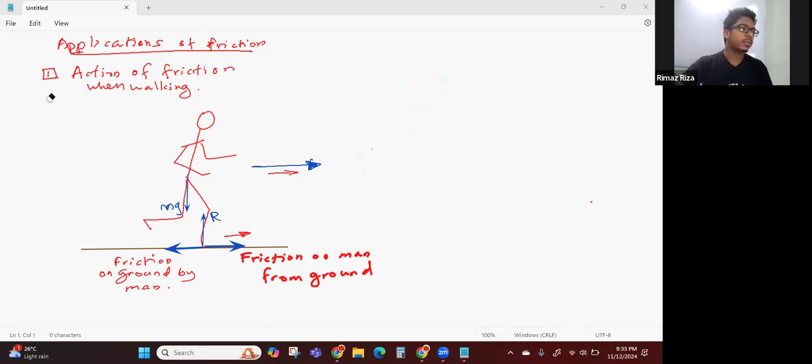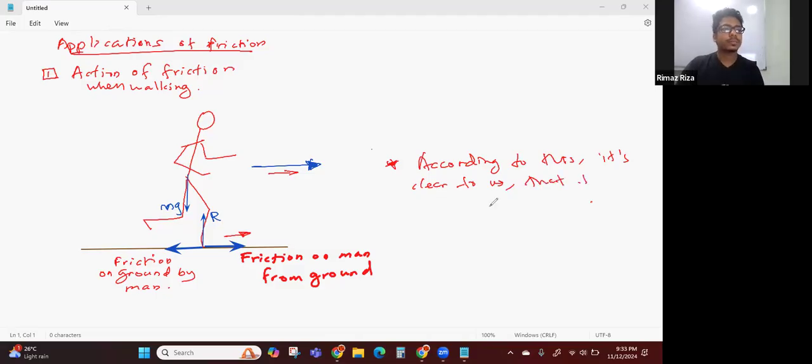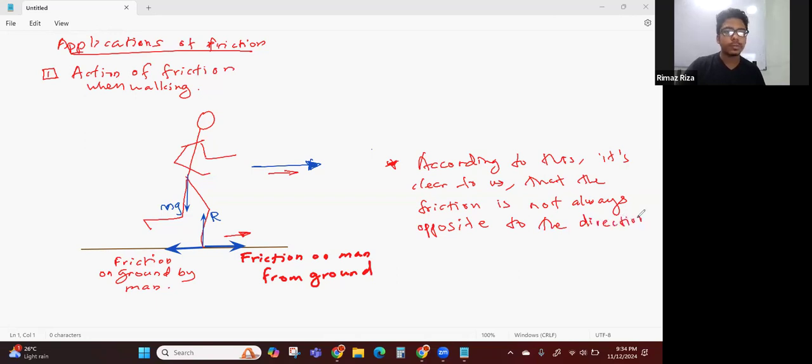By the way, put a note on that, otherwise you may forget. According to this, it is clear for us that the friction is not always opposite to the direction of motion of the object.